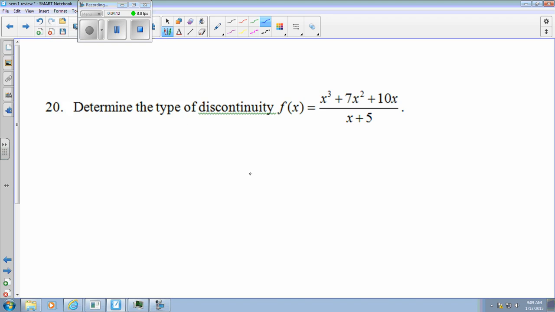Discontinuity, what kind of discontinuity is this? Well, I know that there is a vertical asymptote at -5. So if I draw this in, I know that over here at -5, I'm going to have a vertical asymptote there.